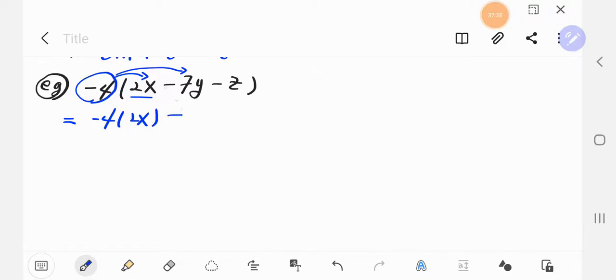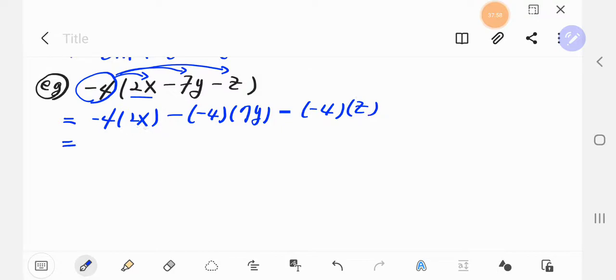So minus sign stays. And then negative 4 is multiplied by 7y. And then finally multiply this, so minus sign. And then negative 4 is multiplied by what? Z, right? Z.